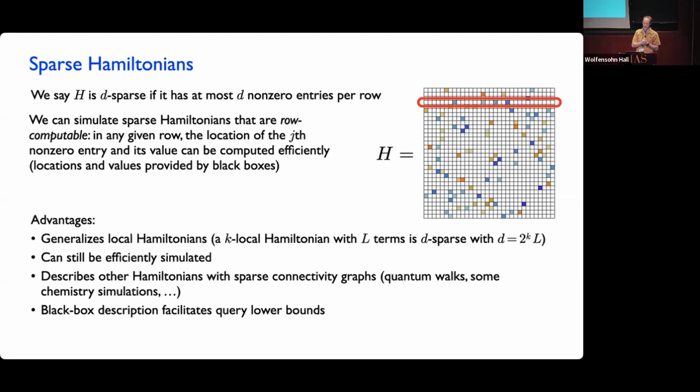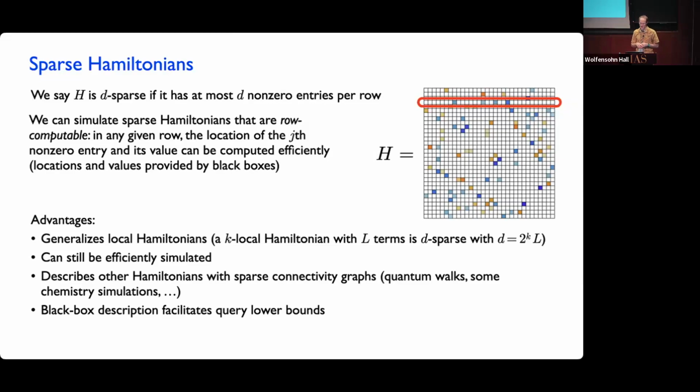You can show that k-local Hamiltonians are sparse, for a sparsity that's not too high if the locality is not too high. As I said, you can give efficient simulations for them. They maybe don't as naturally describe physical systems. It's a much bigger class of Hamiltonians, and so most of them won't necessarily correspond to reasonable models of physics.